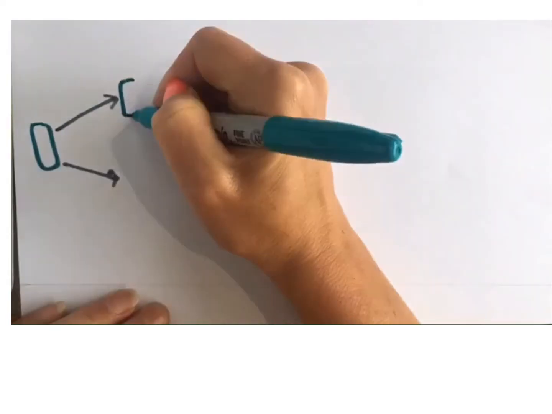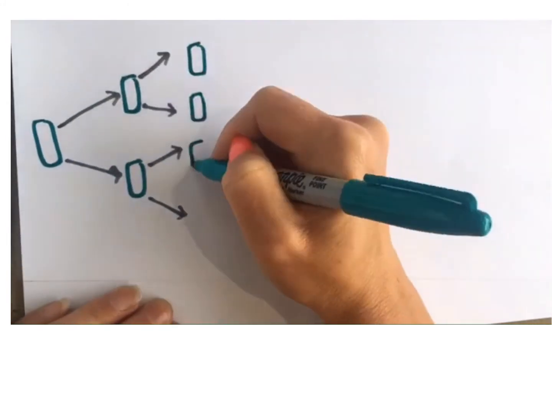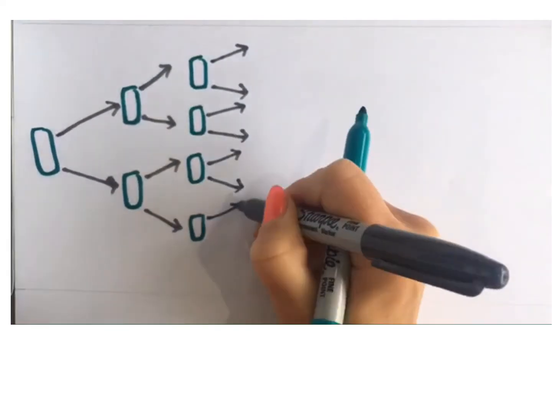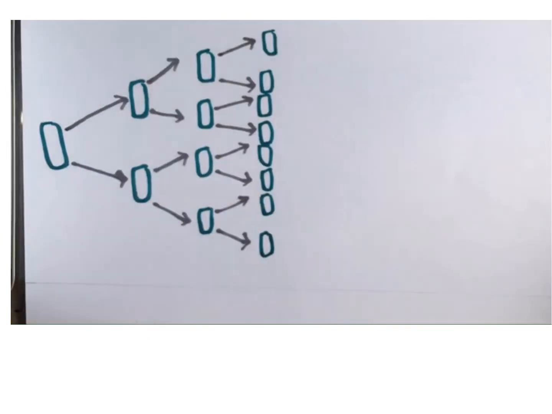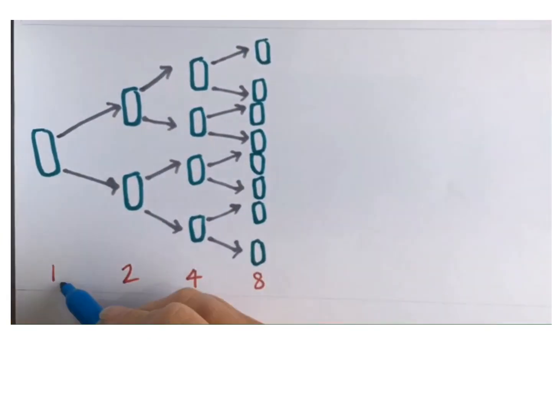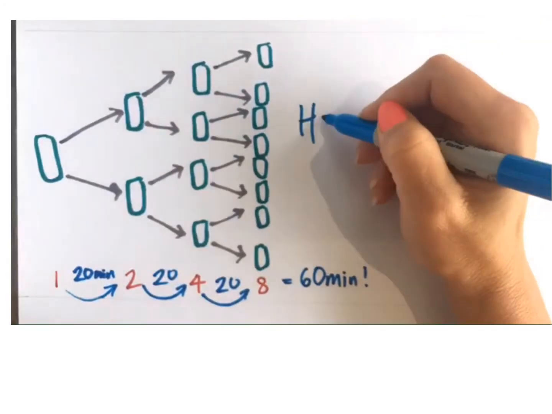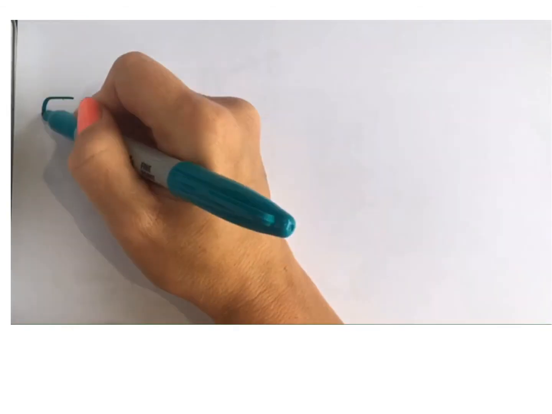If there are enough nutrients and a suitable temperature, bacteria can reproduce very quickly. In fact, they can double in number every 20 minutes. 1 becomes 2, 2 become 4, 4 become 8, and so on. So within just 1 hour, one bacterium can become 8. This happens through binary fission.